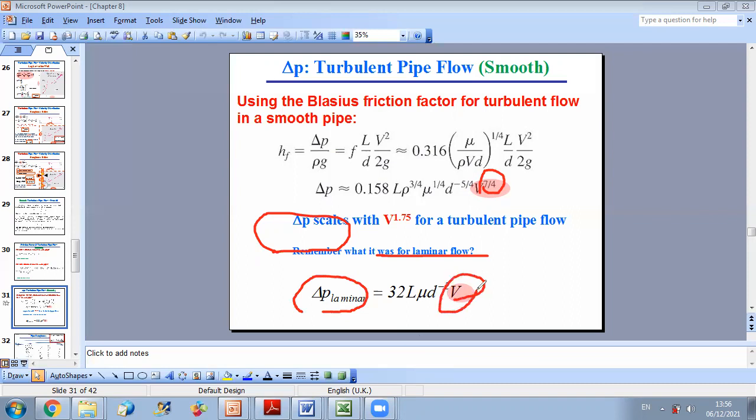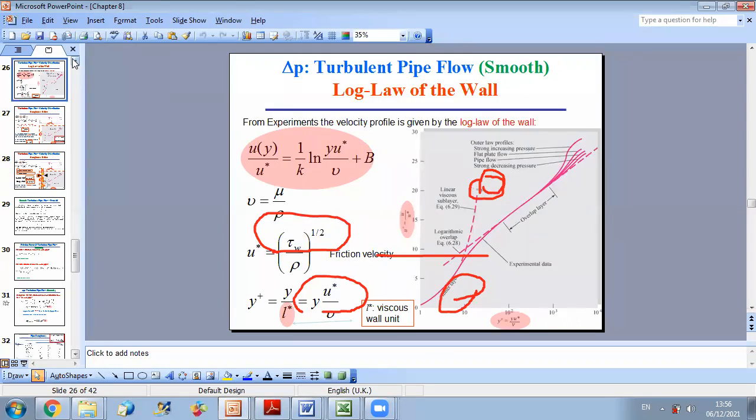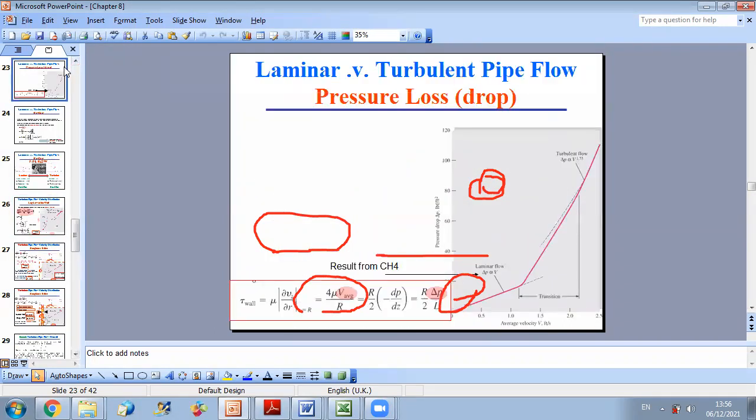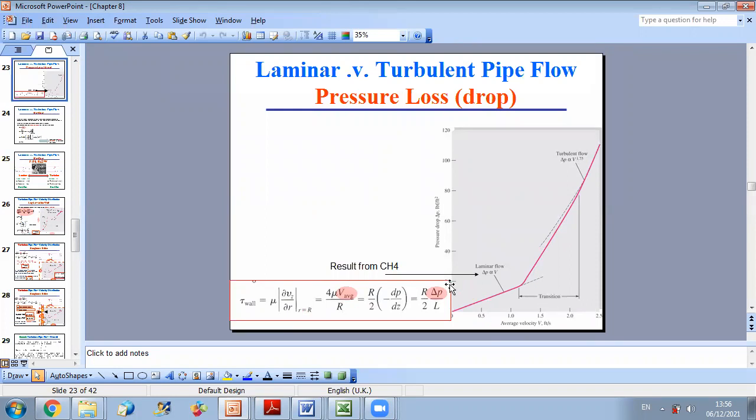This indicates that to drive turbulent flows, we need a higher pressure drop, because the rate of increase with V is higher. This is why we can now understand what we observed in this graph last time. If you remember, if we draw the variation of delta P as a function of V, we can see that after a certain Reynolds number, the behavior will completely change.